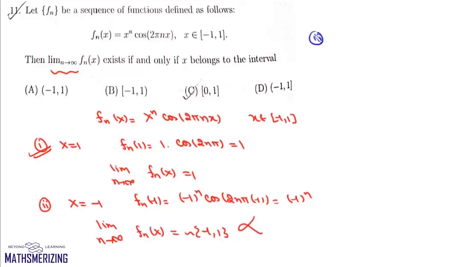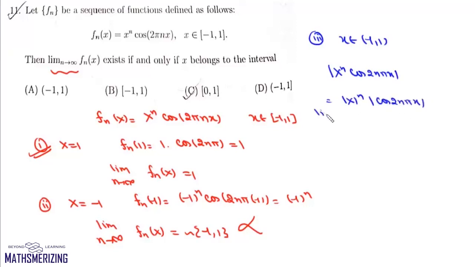And finally, when x lies between minus 1 and plus 1, in that case, this mod x to the power n cos 2n pi x will be mod of x to the power n into mod of cos 2n pi x.